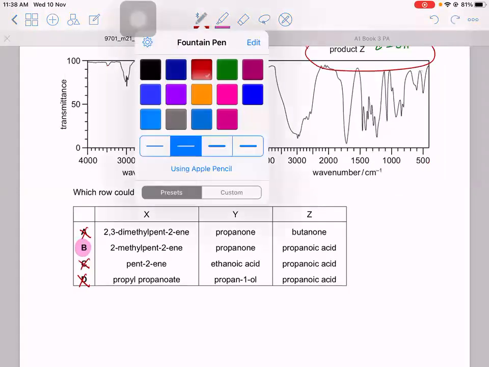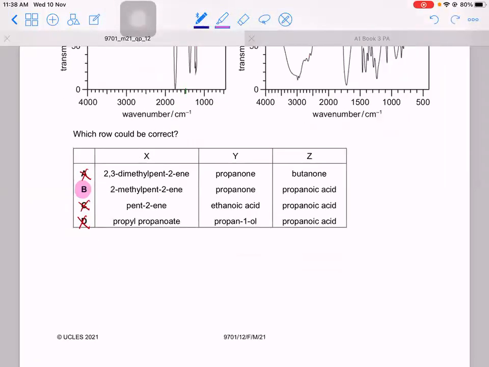2-methyl pent-2-ene. So you have pent-2-ene, and on carbon 2, you have a methyl. So can I draw it like this? C double bond C with a CH3 with a CH3, H, C2H5. Now I can show oxidation easily.